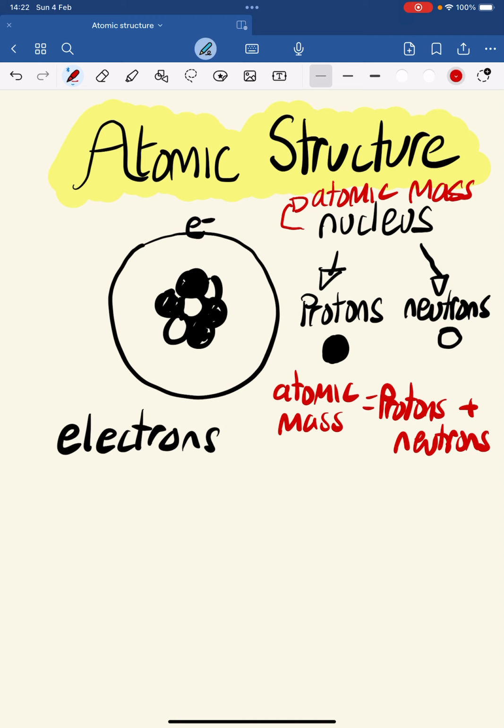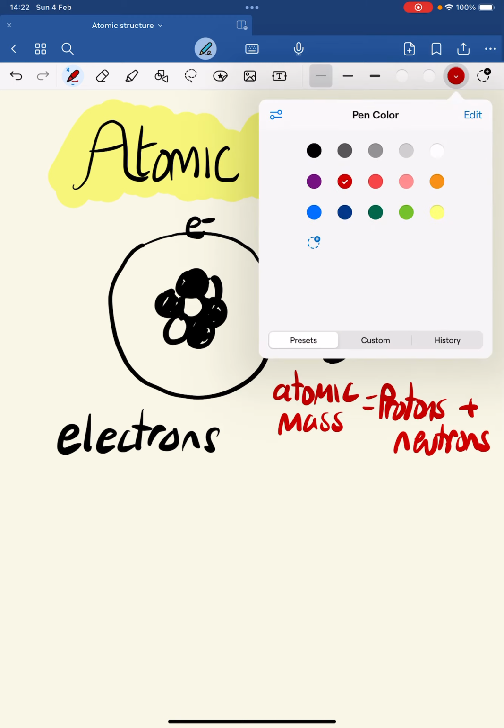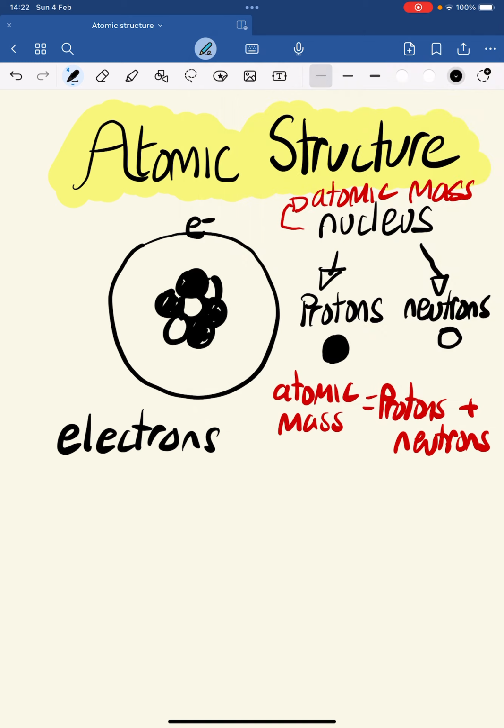So if we had 4 protons, which we do here, and I've just written 3, if we have 4 protons and 3 neutrons, our atomic mass will be 4 plus 3, which will be 7. We'll have an atomic mass of 7.